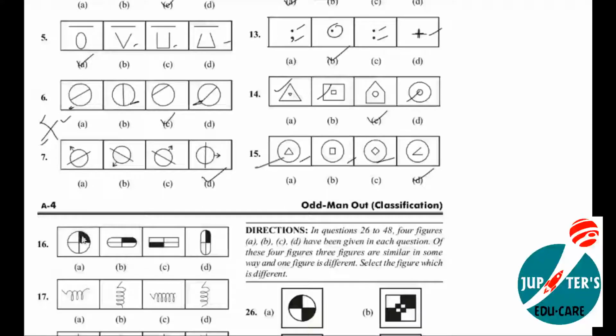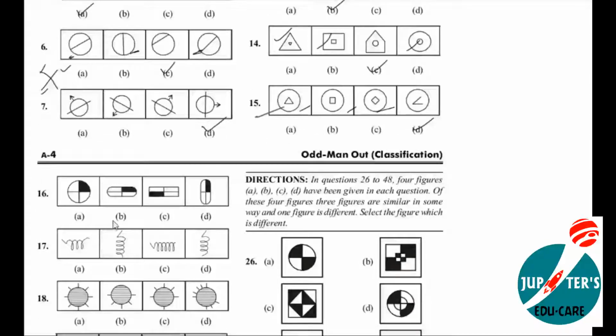Our 16th question has four options, and we have to choose the odd man out, meaning the different one. Option A is divided into four equal parts, shaded, and has a curved shape. Option B also has a curved shape, divided into four equal shaded parts.